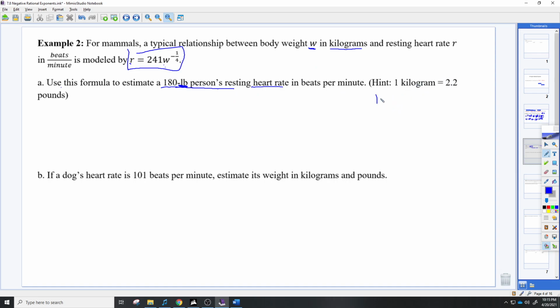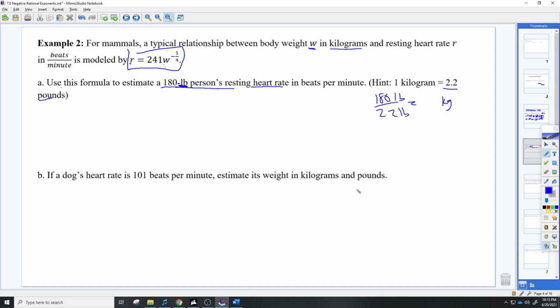So I'm going to use this 180 pounds. And since it's 2.2 pounds for 1 kilogram, hopefully you know how to do this. To convert it, we are going to divide by 2.2 pounds. And that will give you how many kilograms we have.